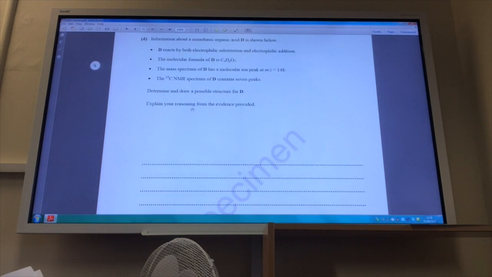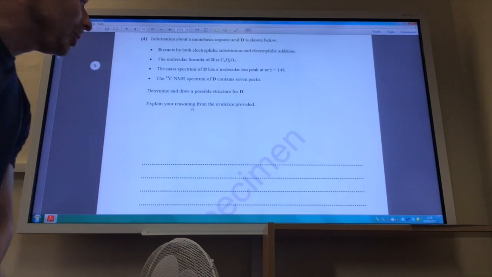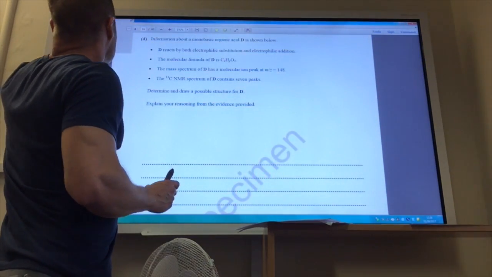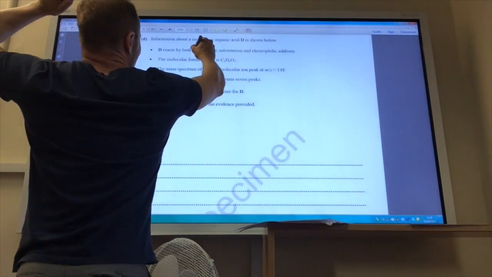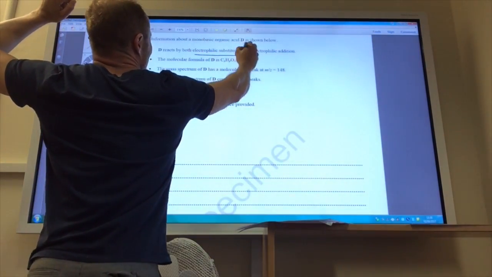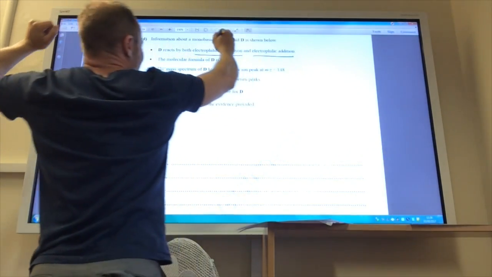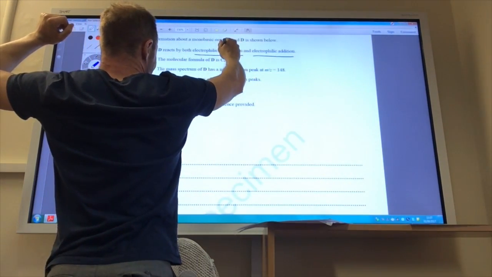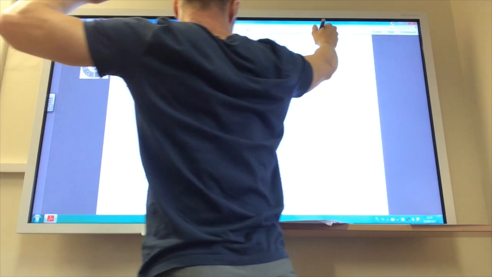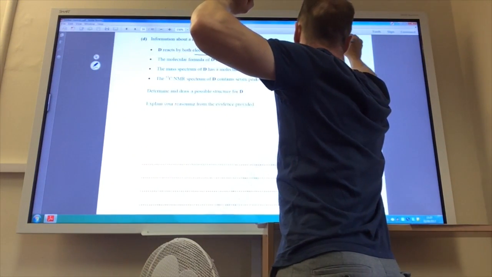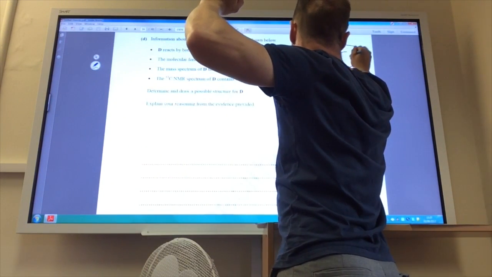Okay, this is quite an interesting question. If you didn't have that first point, you would be completely stuffed. But the clue really is in this first bullet point here. It reacts by electrophilic substitution and electrophilic addition. If it reacts by electrophilic substitution, it must contain a benzene ring.